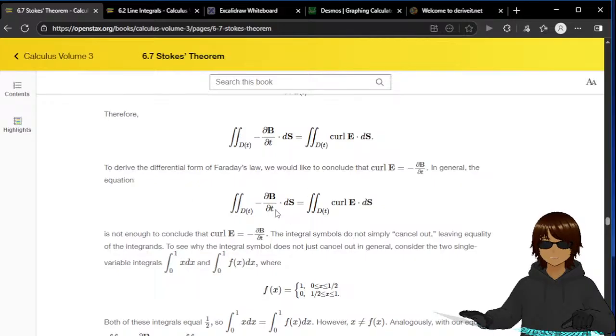In general, this equation is not enough to conclude that curl E is equal to minus the partial derivative of B with respect to t. Integral symbols do not simply cancel out, leaving equality of the integrands.